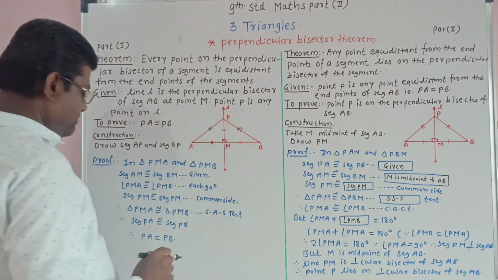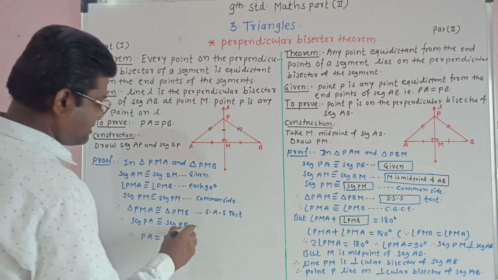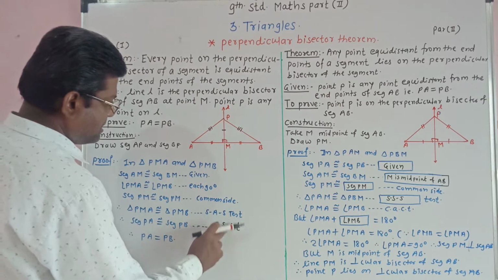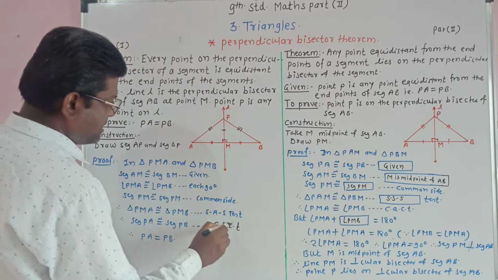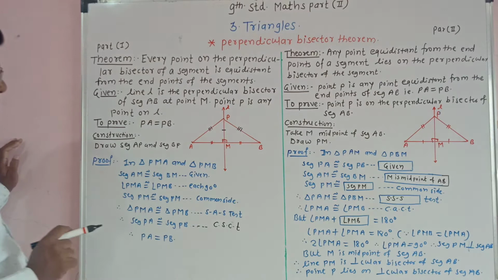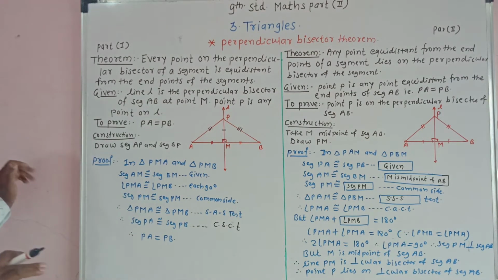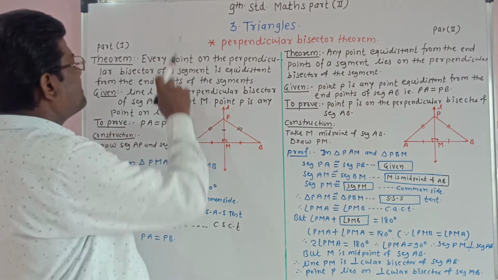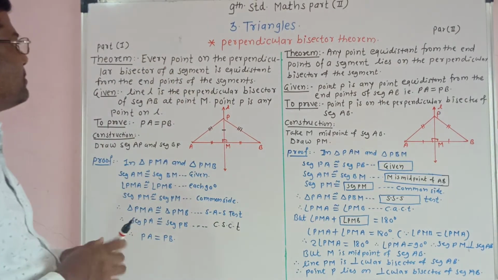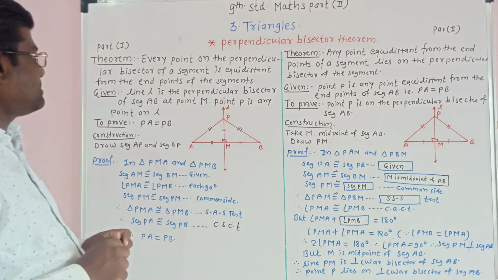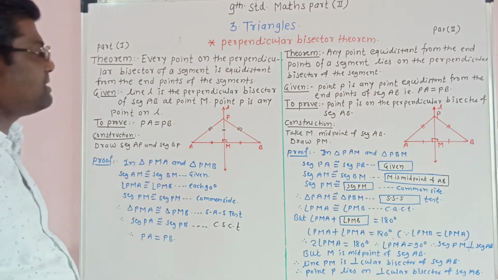This we can write here as CSCT, corresponding sides of congruent triangles. Therefore PA is equal to PB. Thus every point on the perpendicular bisector of a segment is equidistant from the endpoints of the segment.